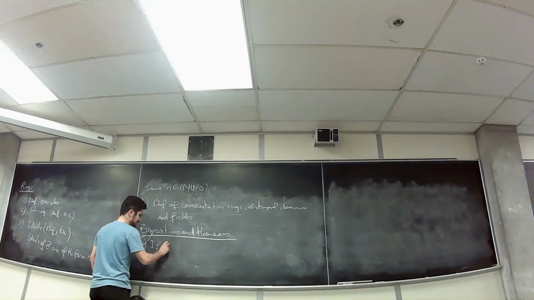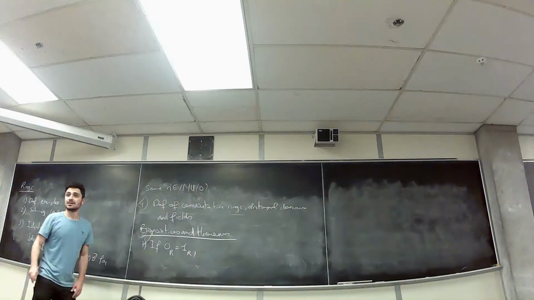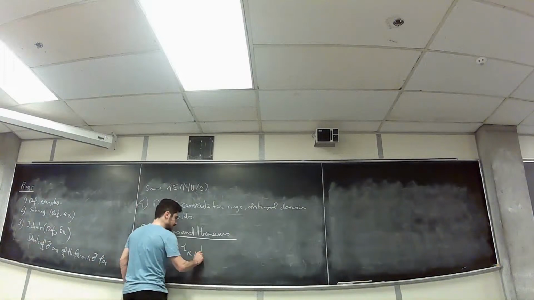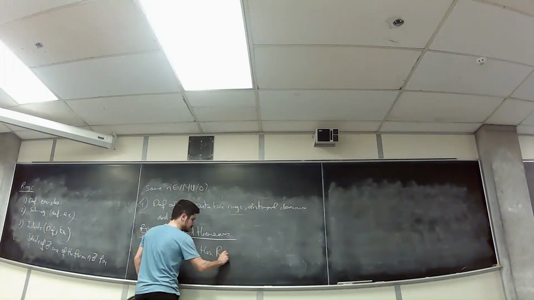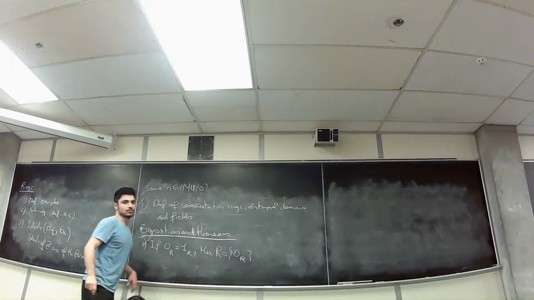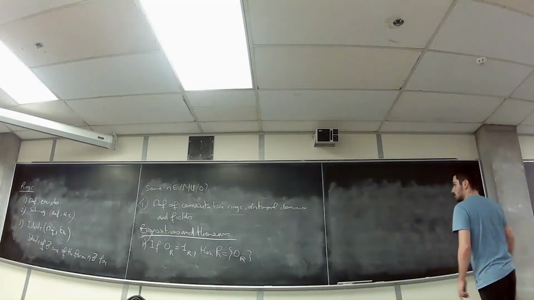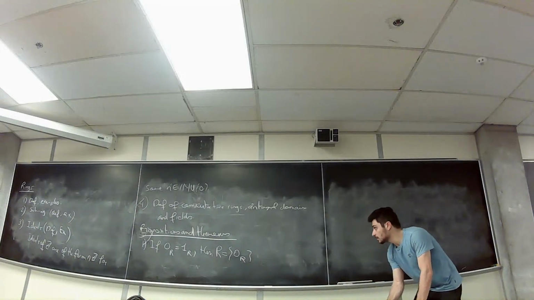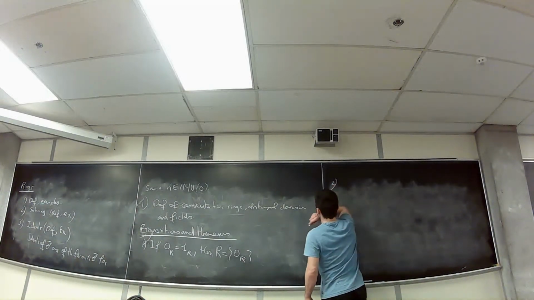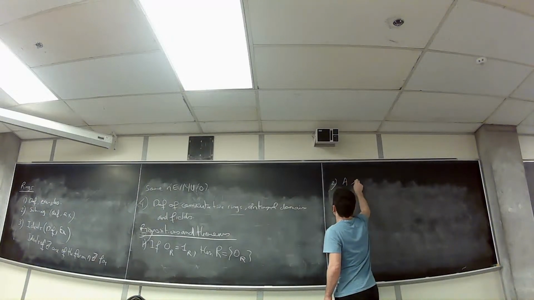If 0R is equal to 1R, then R is 0. That you have to know. Very fair question. Two. A field is an integral domain.